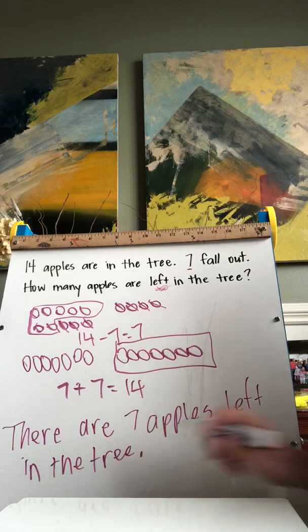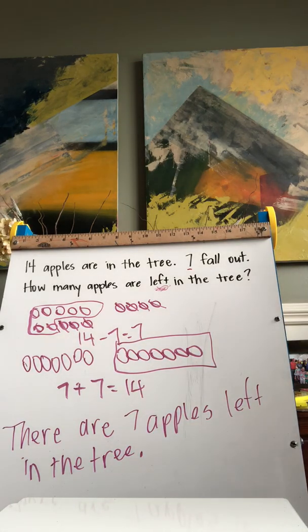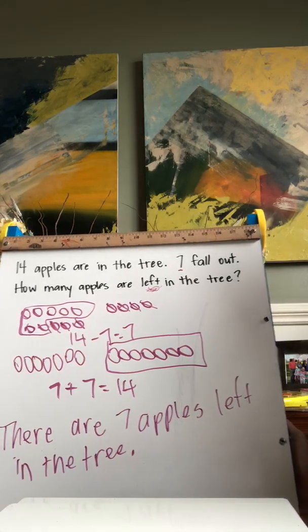So that's your job. There are 7 apples left in the tree. So make sure that you have what I have, so you know that the answer is 7 and not 14, because we already figured out that it was 14. It told us in the problem.